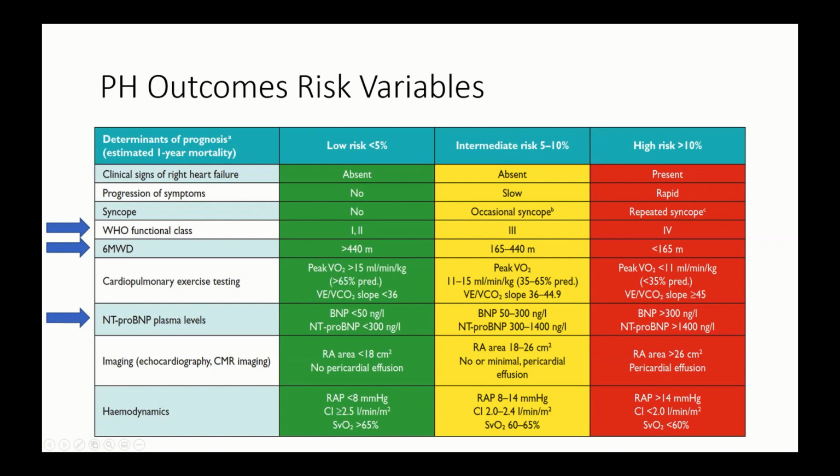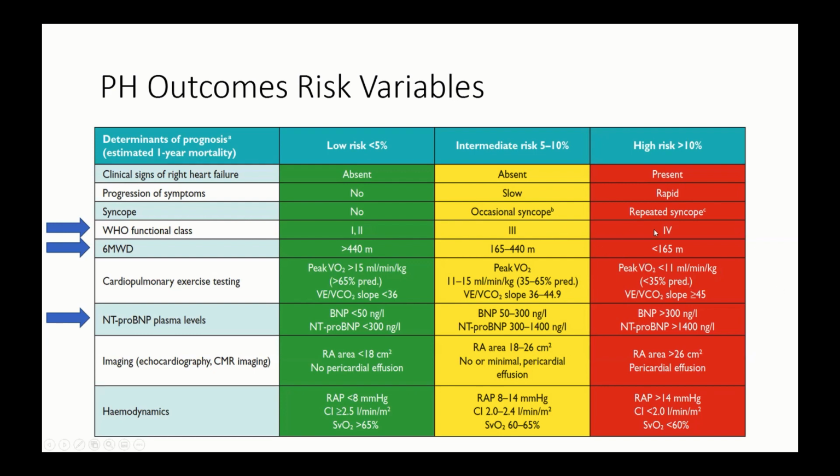So in our patient who we heard about at the start, who presented with dyspnea at rest, unable to walk any distance at her home, and with a BNP of 1500, she's already in the high risk category, predicting a mortality of more than 10%, and this is mortality in 1 year. This is pretty high for someone who might have pulmonary hypertension as a presenting finding of the underlying process.